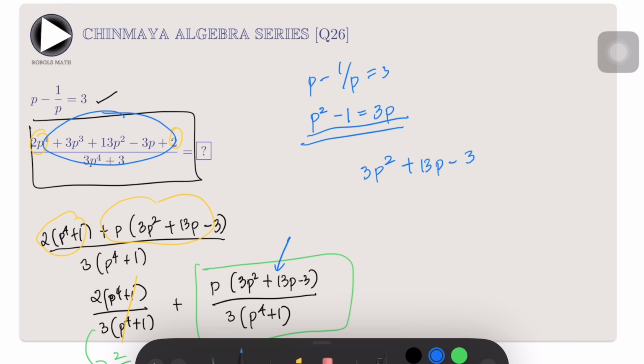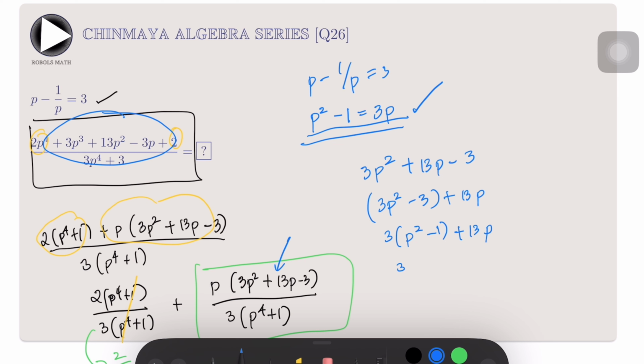We can strategically regroup this term as 3p squared minus 3 plus 13p. Now, if we factor out 3 from the first set, we get 3 times the quantity p squared minus 1 plus 13p. From this part, we know that p squared minus 1 is 3p.